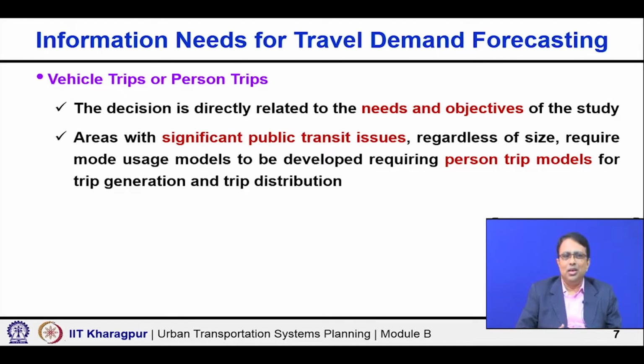That means sometimes we develop the matrix vehicle trip wise, say public transport matrix, intermediate public transport matrix, private vehicle matrix, separately. So, it depends on the purpose, but you should understand very clearly where we really need the person trip data, especially in the context of public transport.